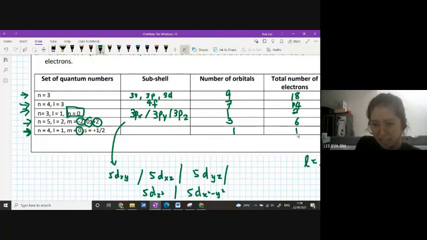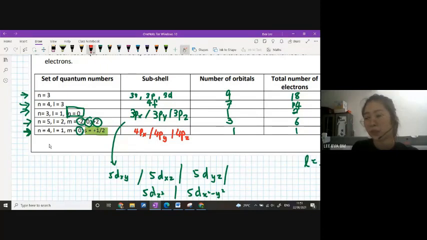Satu elektron sahaja. Sebab sekarang ni dia bagi awak spin of electron, which is only represent one electron. So for this one, the last column over here, you can either write down 4px or 4py or 4pz. Either one. Now it is similar to your third question just now. The only difference is the value of your n.